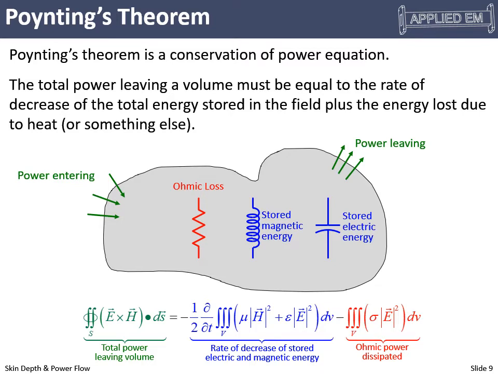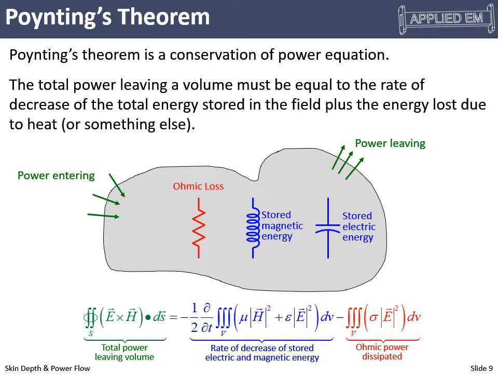So we're showing a system here in gray, an enclosed system, and we can add energy to it by propagating waves into this area, and we can take energy out, and so there's power leaving that volume. Now inside this closed system, we have a loss mechanism. There's ohmic loss that usually converts the electromagnetic energy to heat.